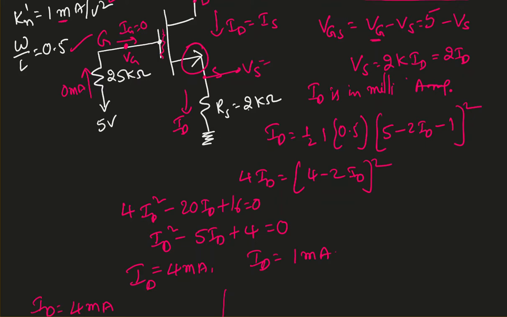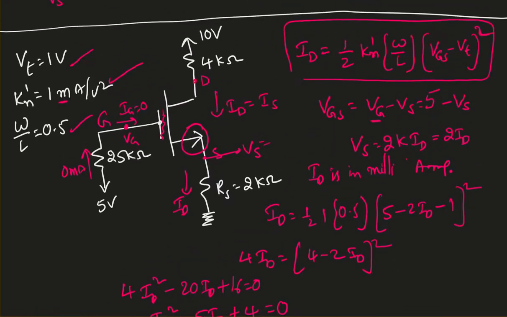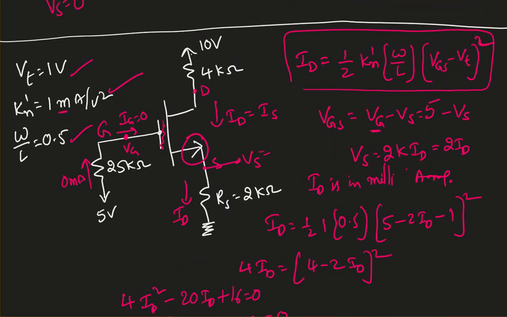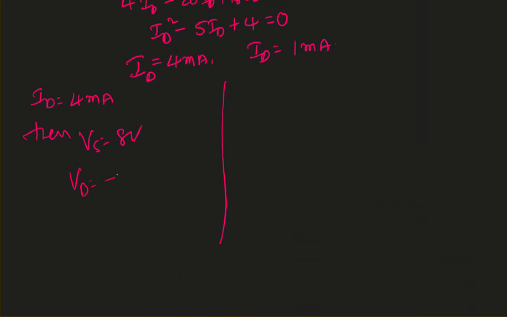VS is nothing but 4 milli times 2k, that must be 8 volts. How about VD? We just found this current is 4 milliampere. So 4 times 4k, that's 16 volts. The voltage drop must be 16 volts here. 10 minus 16, your VD equals minus 6 volt.